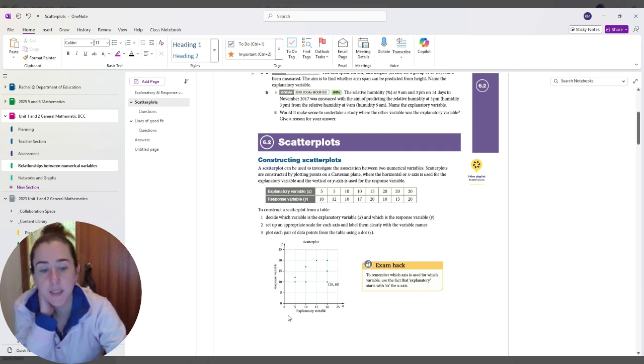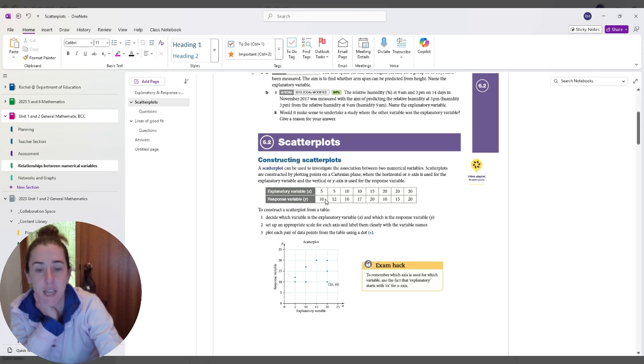So to plot these points, we're going right back to plotting on the Cartesian plane. We walk across for our x value first, so our explanatory, and then climb up to plot our y value. Our first coordinate that we're plotting is 5, 10.